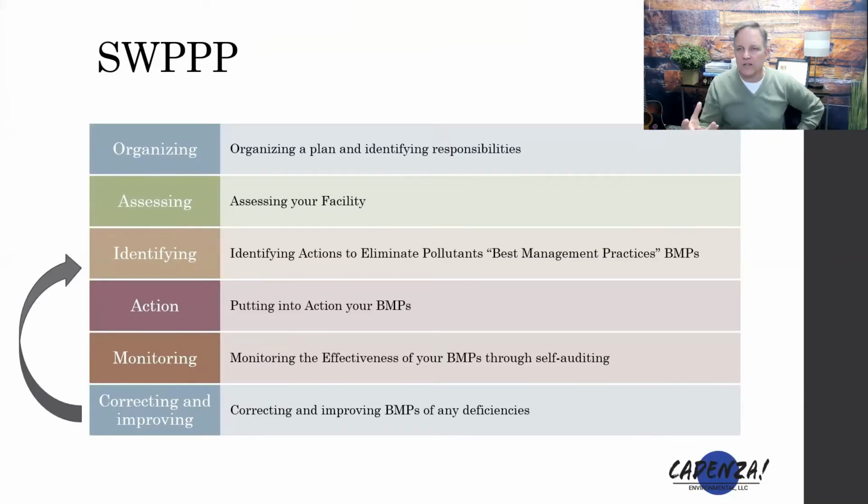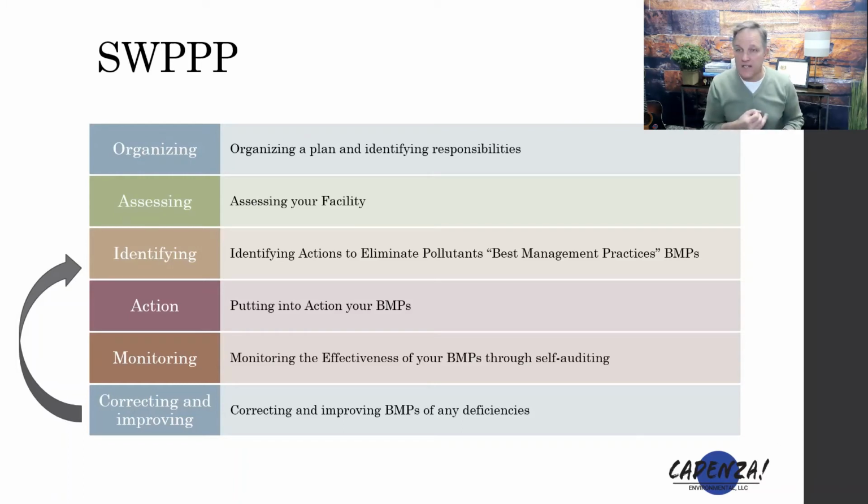So with this, we'll get into what a plan is and what are the major elements of it. There are 6 major elements: organizing, assessing, identifying actions, implementing actions, monitoring and auditing, and then a corrective action plan. So the first thing is organizing a plan and identifying the responsibilities of who has to do what when it comes to stormwater pollution prevention at your facility.